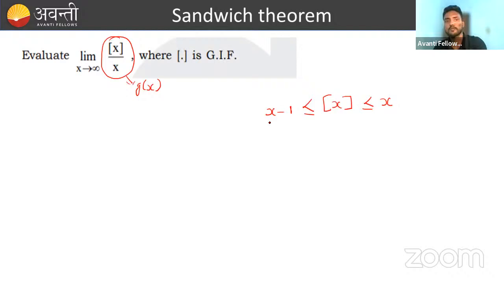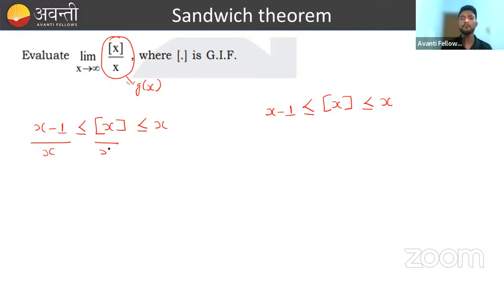You know that it is the greatest integer function of x divided by x. So first we have created this: the greatest integer function of x is greater than x minus 1, and this is x. So I will simply divide by x throughout. Now it becomes 1 minus 1 by x, and the middle becomes the greatest integer function of x divided by x, and this becomes 1.